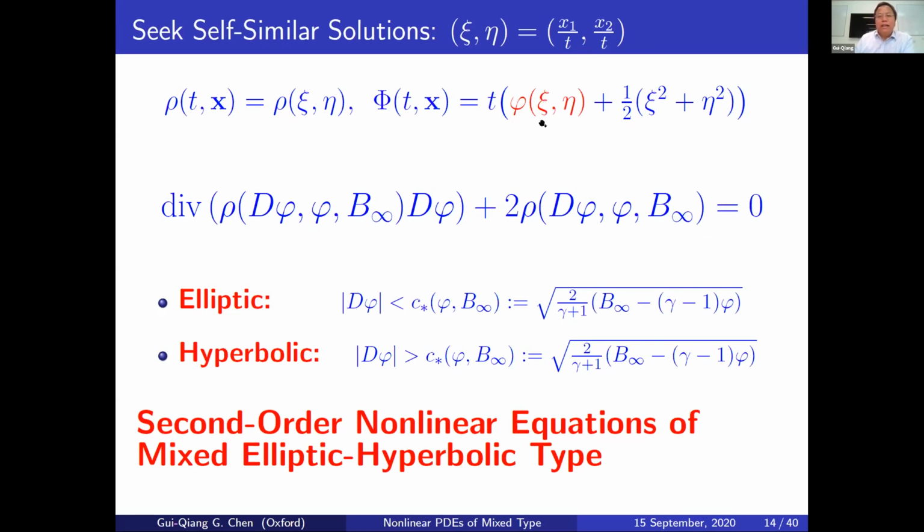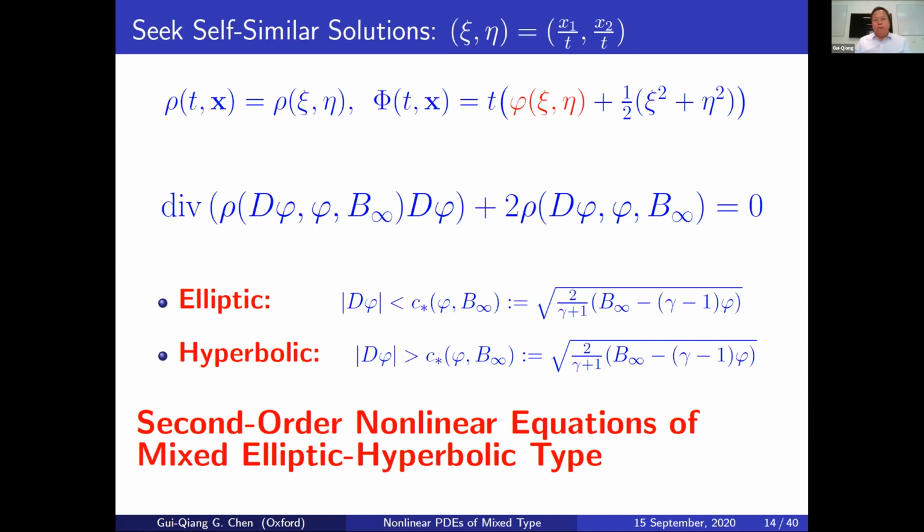But this second order PDE, while neat, is really of mixed elliptic-hyperbolic type. The equation is elliptic if the gradient of phi satisfies this relation, and otherwise hyperbolic. So this is one example that comes very naturally from physics: a second order nonlinear PDE of mixed elliptic-hyperbolic type.